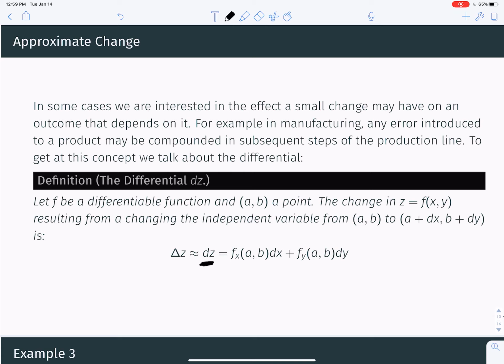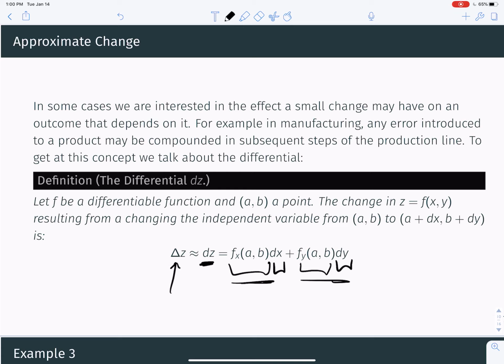All right. Now, this is not z. It doesn't have the actual z coordinate. It just has the change in z. So you take your slope times your change. That gives you a change in z. You take your slope times your change. That gives you a change in z. And because there's two variables, they both affect z. So changing x and changing y together change the z coordinate.